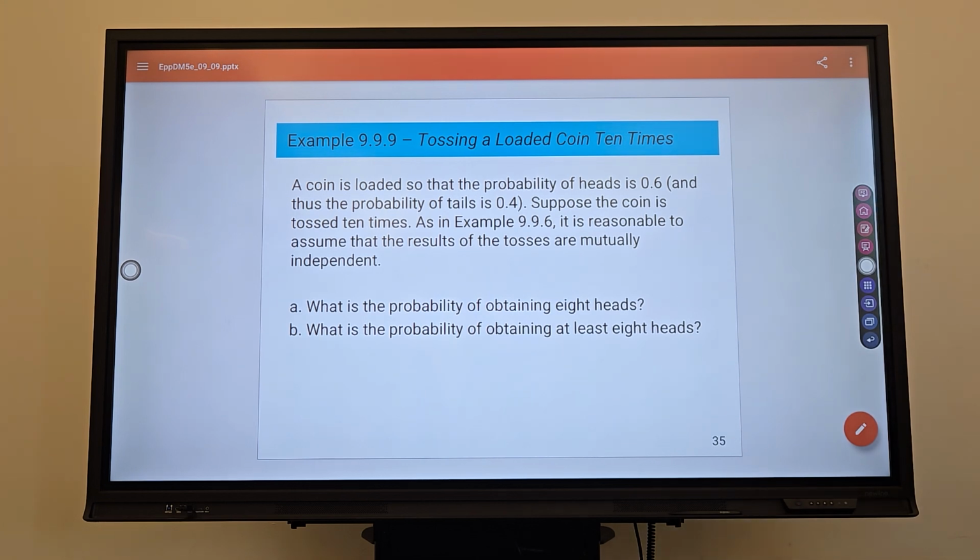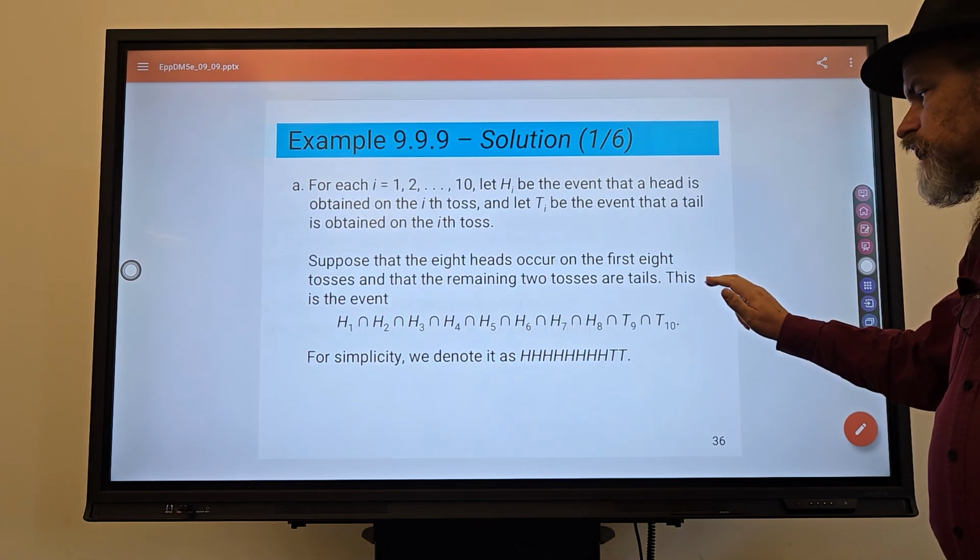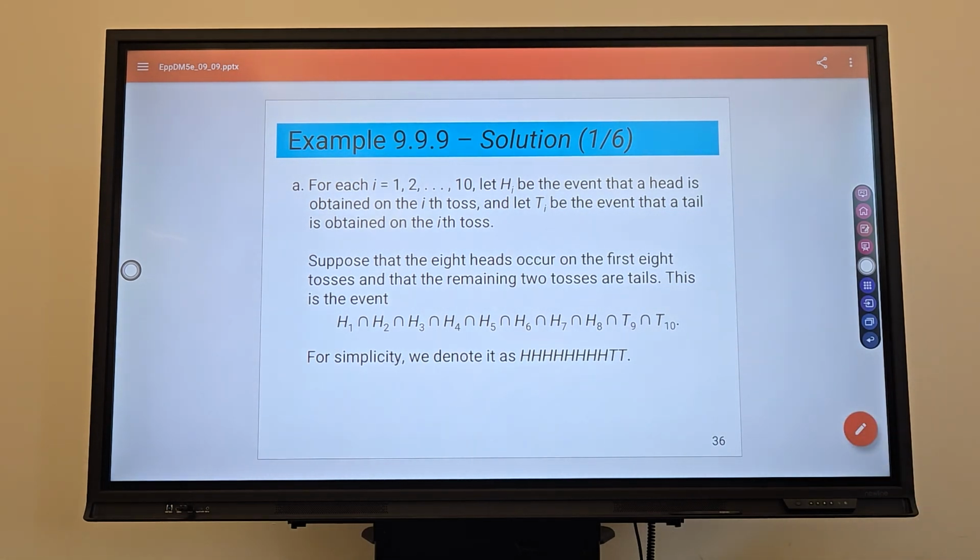What is the probability of obtaining at least 8 heads? For each i, 1 through 10, let H sub i be the event that a head is obtained on the ith toss, and let T sub i be the event that a tail is obtained on the ith toss.